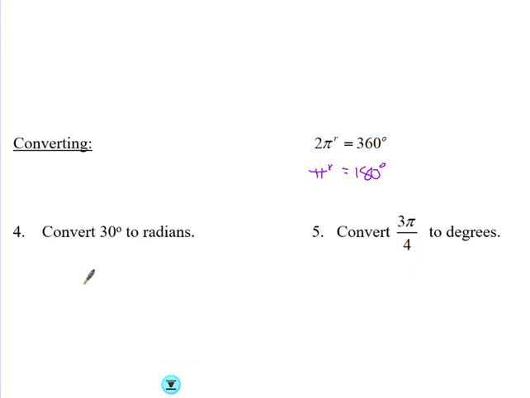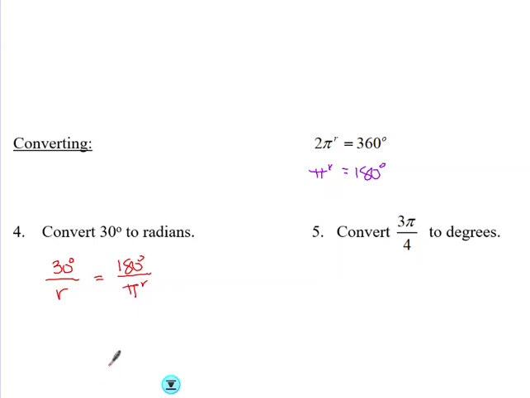So if I want to convert 30 degrees to radians, I can just set up a proportion. I have 30 degrees is equal to some number of radians. And I know that 180 degrees is equal to pi radians.